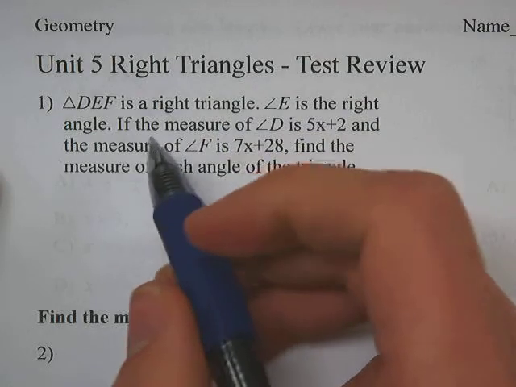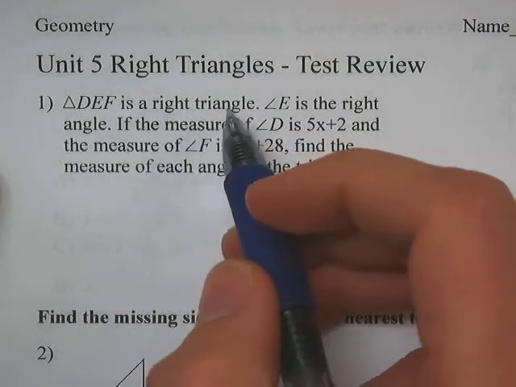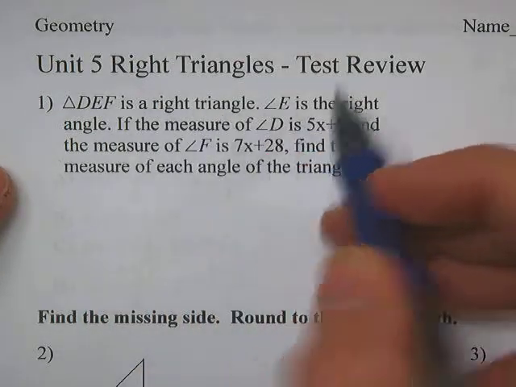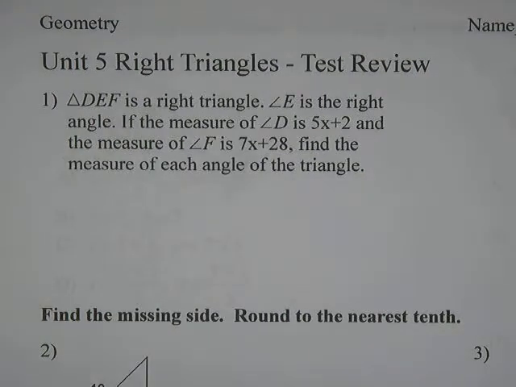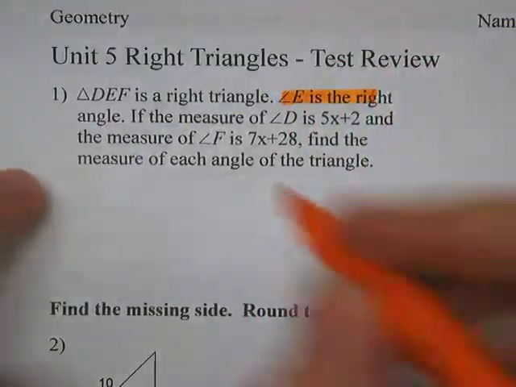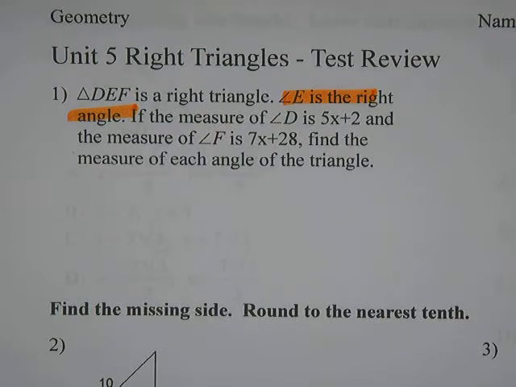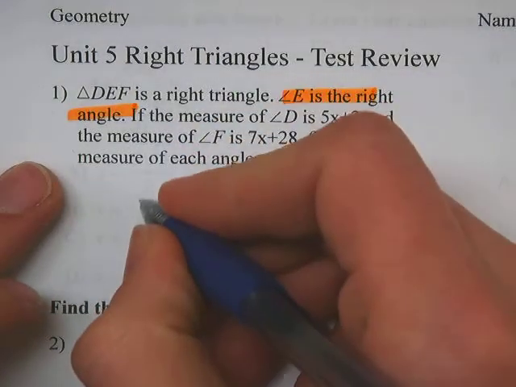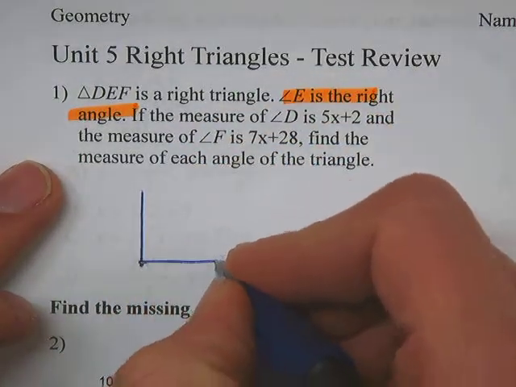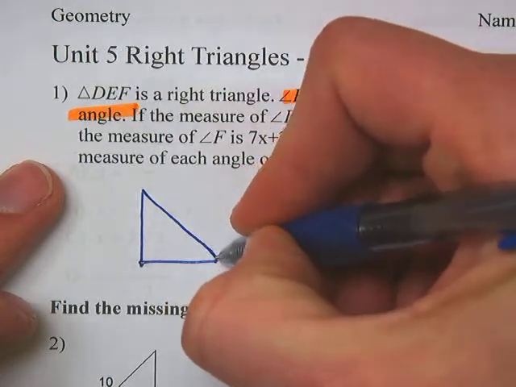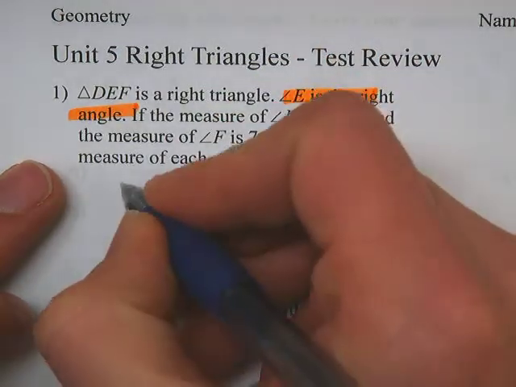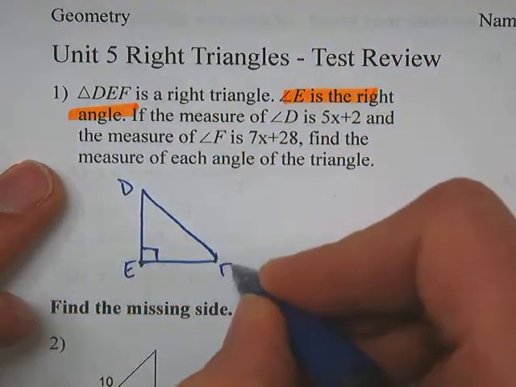Okay. So number one, triangle DEF is a right triangle and E is the right angle. We've talked about this before, but it doesn't matter what this triangle looks like, except for the fact that in this case it's a right triangle.